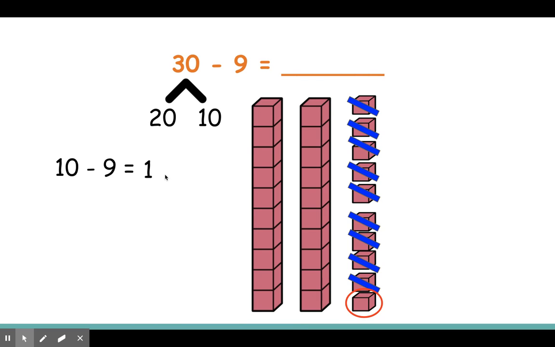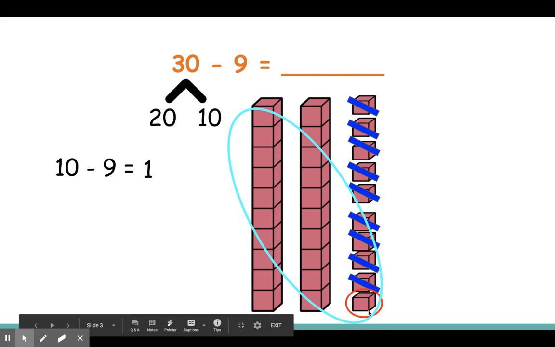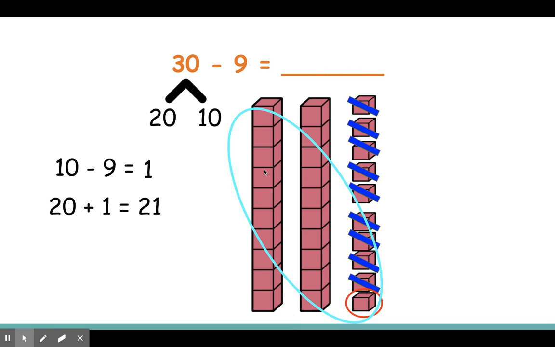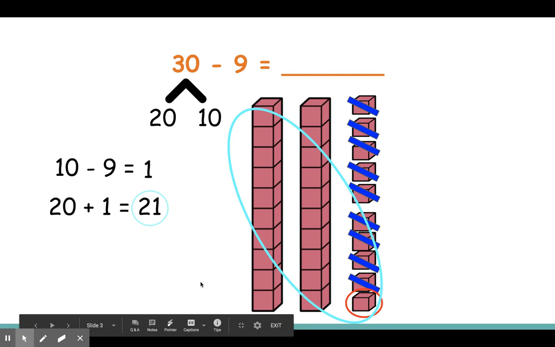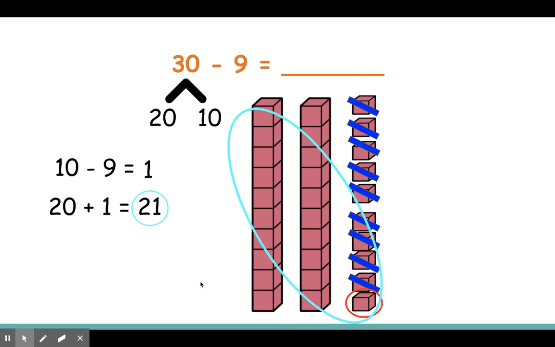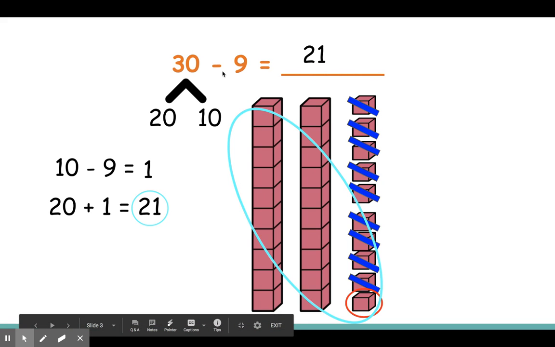But we can't stop there. Remember, because we still have these two groups of 10 or 20 over here. We need to take those two groups of 10, 20, and add it to the one that we had left over after we subtracted 9. 20 plus 1 equals 21. 21 is the difference. 30 subtract 9 equals 21.